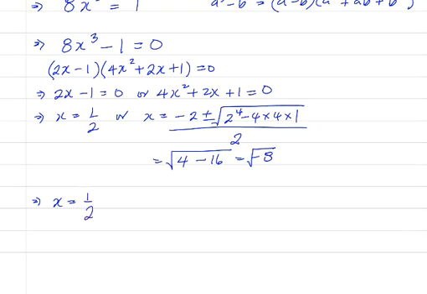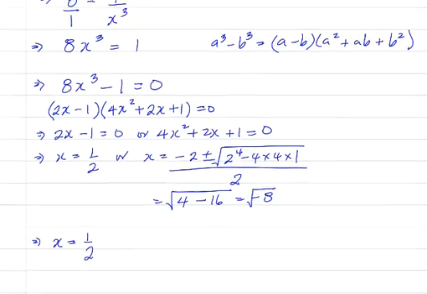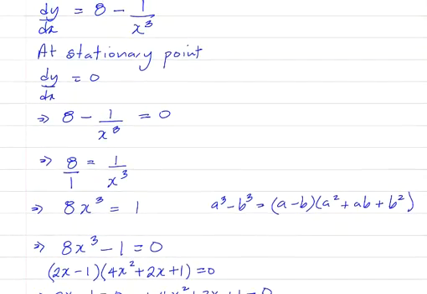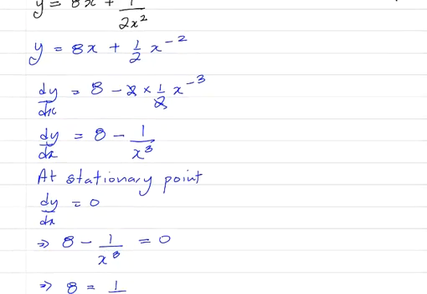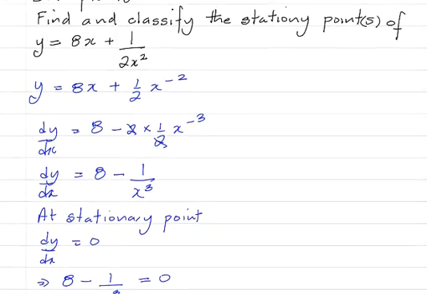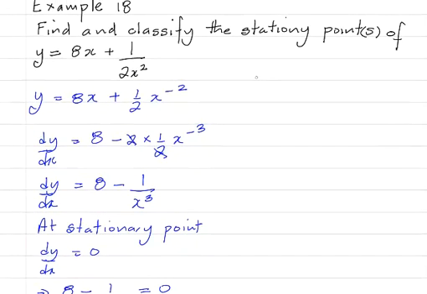If x is equal to a half, let's get the value for y. So we can go back up. Well, this is turning out to be a very long question. When x is equal to a half, y would be equal to 8 times a half plus 1 over 2 times a half squared.